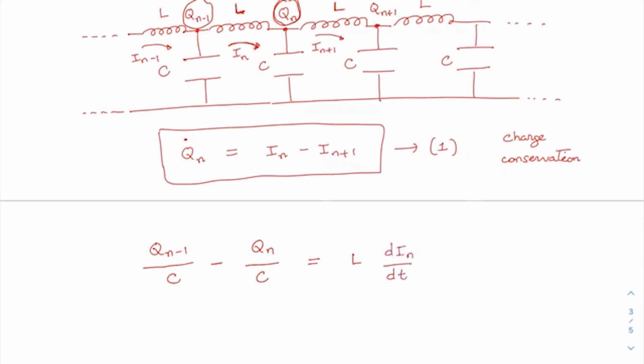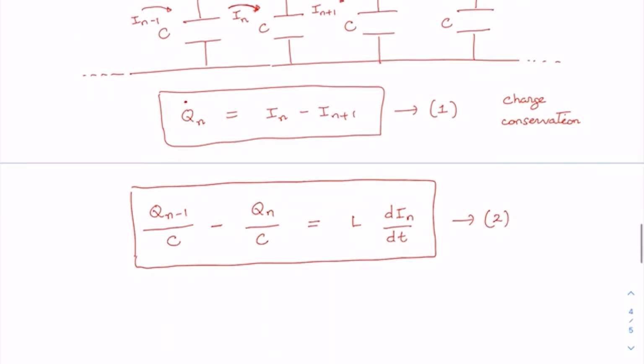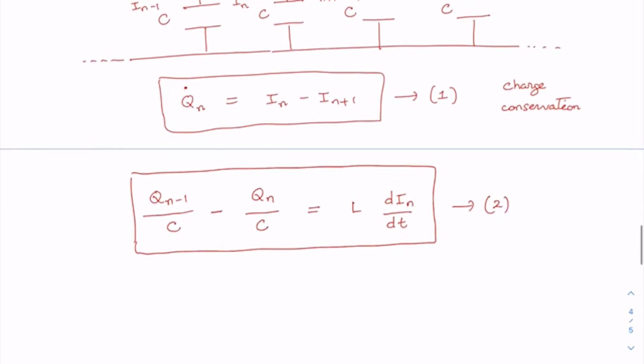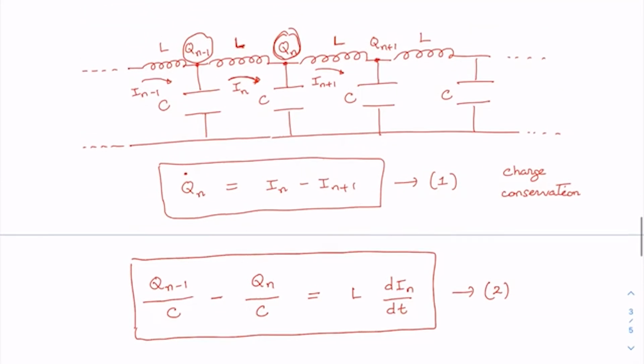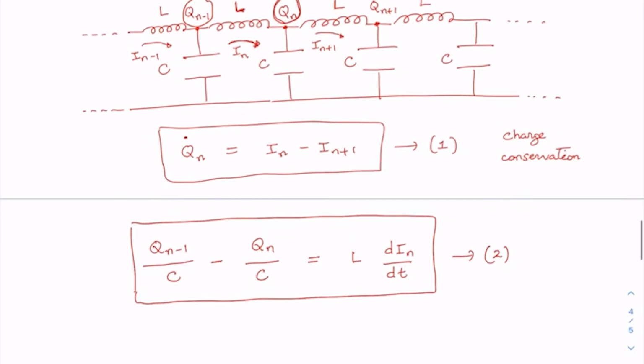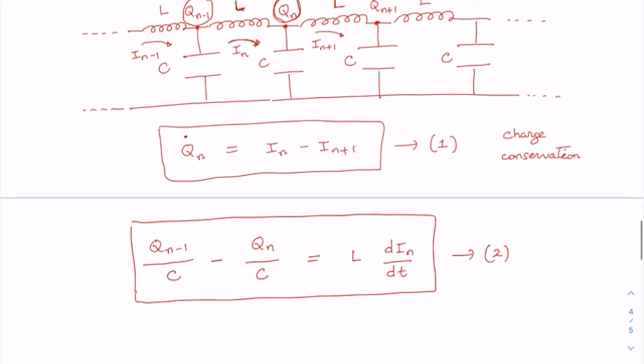So we get another equation using this voltage drop. Let me reiterate that the current In is driven by the voltage drop between nodes n minus 1 and n.